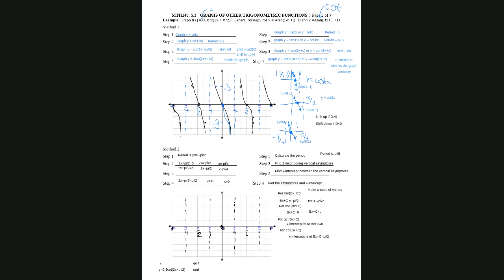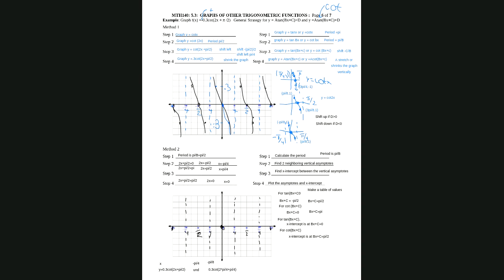The next point I'm going to plug in is negative pi over 8. And if I plug in negative pi over 8, I have 0.3 times the cotangent of 2 times pi over 8 plus pi over 4.